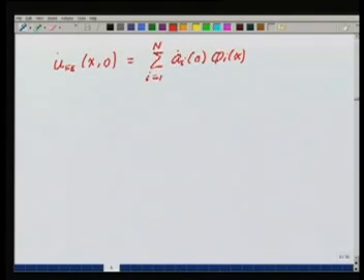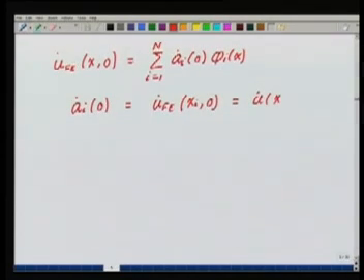And again a_i dot at 0 is equal to u_FE dot at the point x_i, 0, and we are going to force it to be the given u dot at the point x_i, 0.